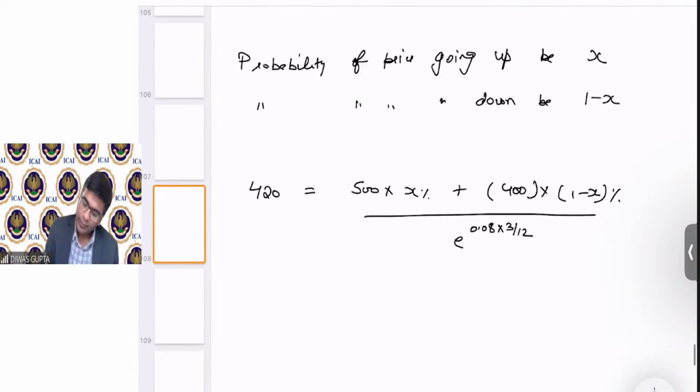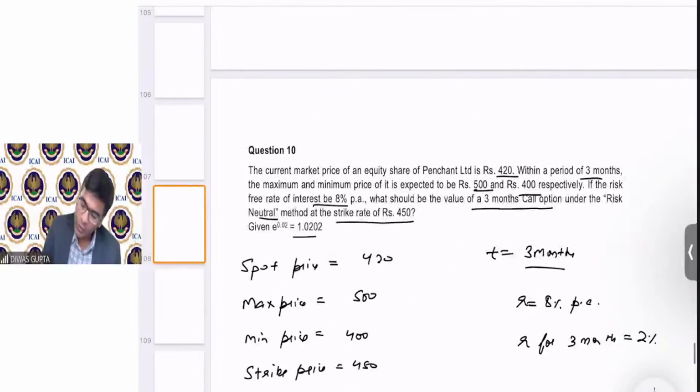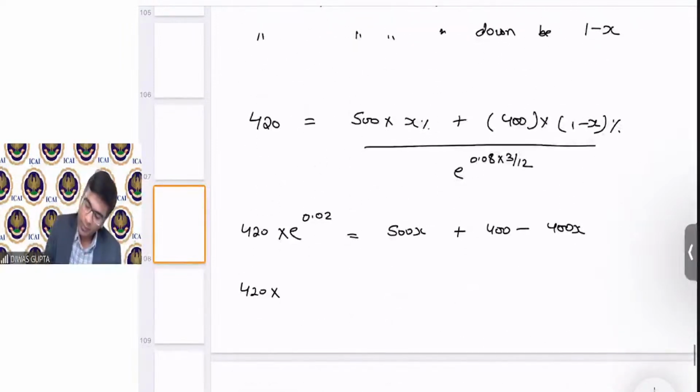So if we solve this, 420 into e raised to the power 0.02 is equal to 500x plus 400 minus 400x. Correct? So this becomes 420 into e raised to the power 0.02, which is given in the question as 1.0202, equal to 100x plus 400.